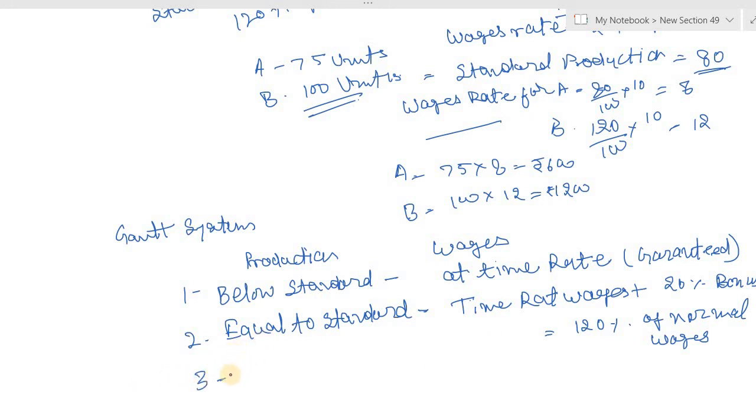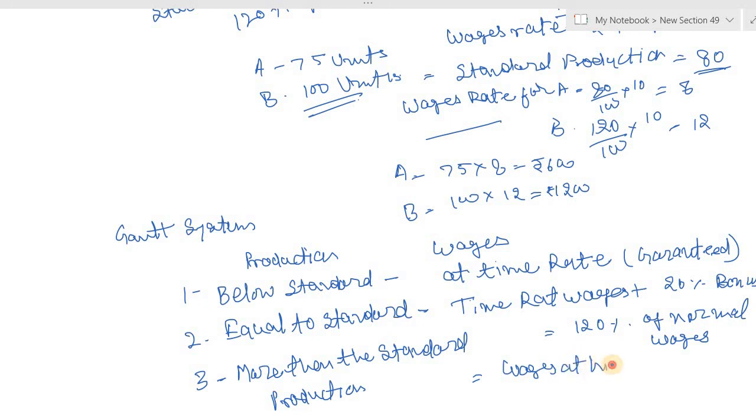Third, more than the standard production: then the wages will be at a higher piece rate for the whole production.